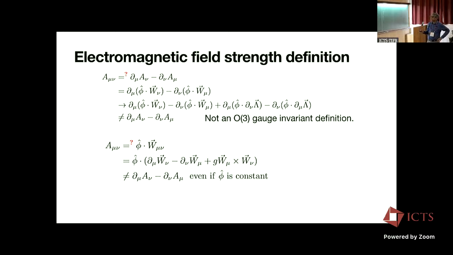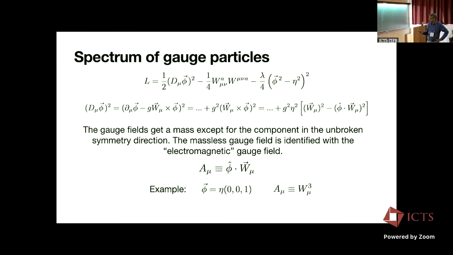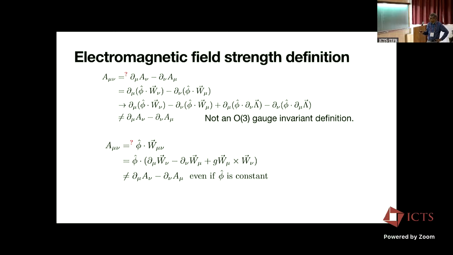So the other option is you say that my gauge field A_mu is the projection of W in the direction of phi hat. So maybe the field strength should be the projection of the field strength in the direction of phi hat. But you see that this is now phi hat dot the field strength, and the field strength has this quadratic piece as well.